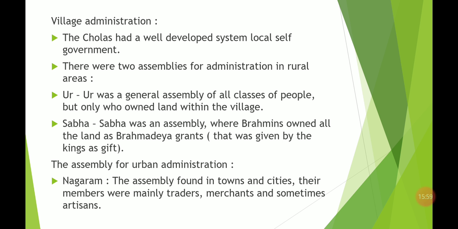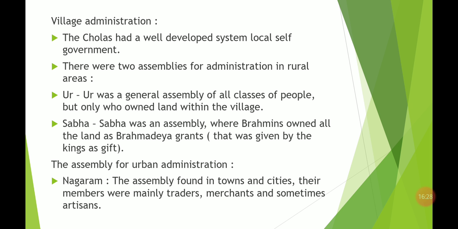One more is there, Sabha. So Sabha, what? It was an assembly where Brahmins were there. What kind of Brahmins? Those Brahmins who get land grants from the king. Land grant means the kings provided donations to those Brahmins who were living in their territories.